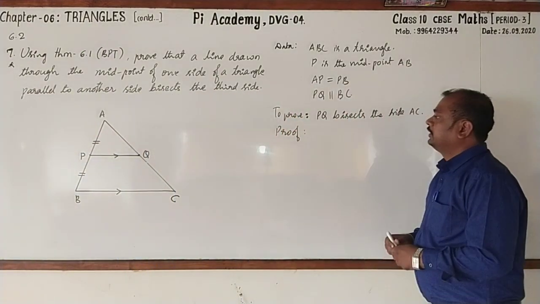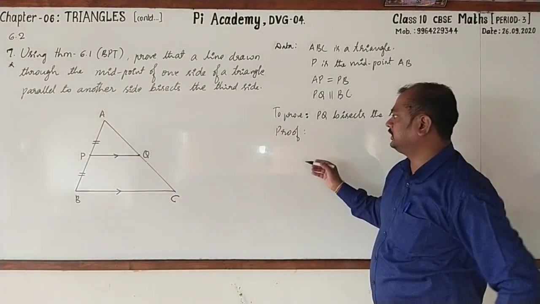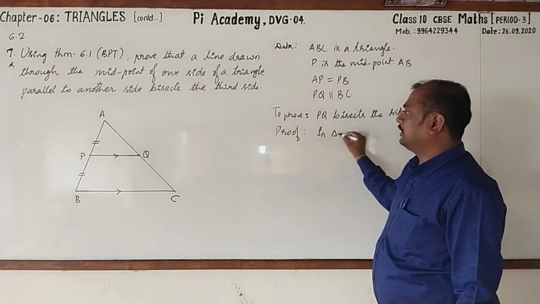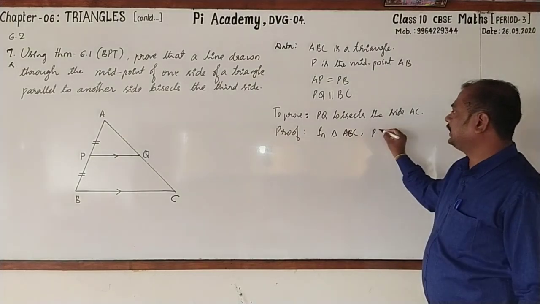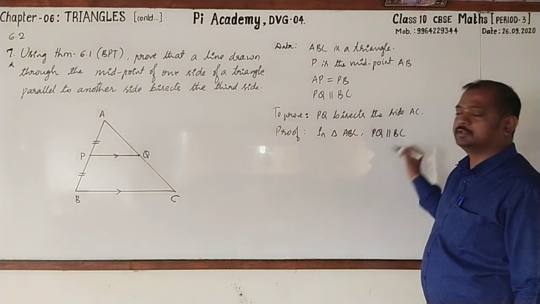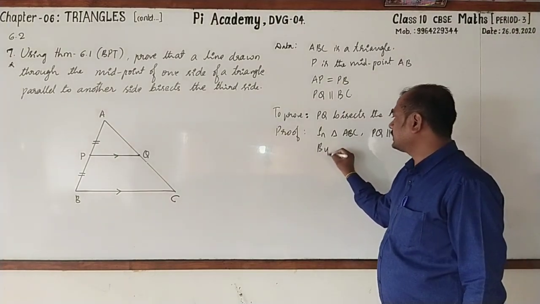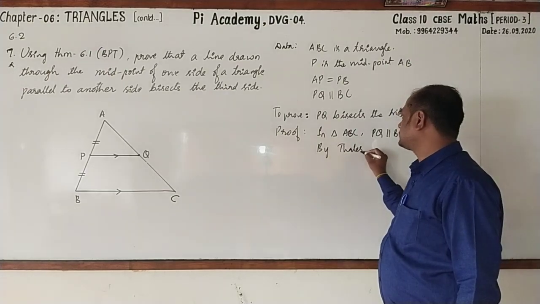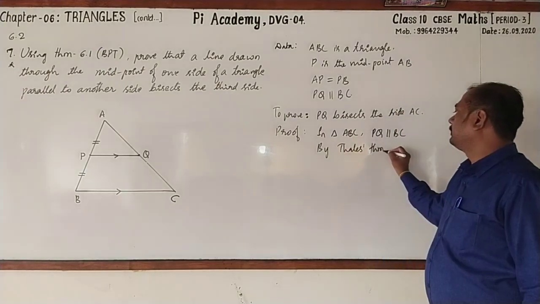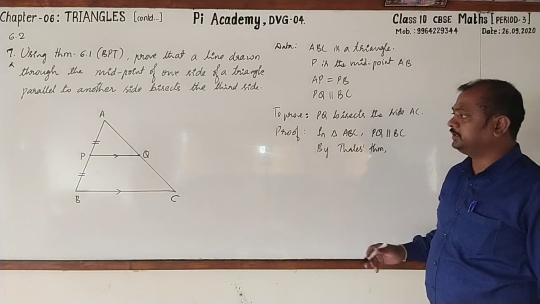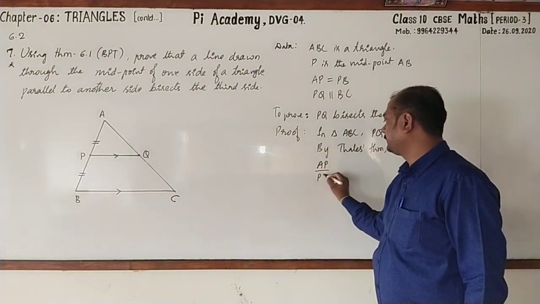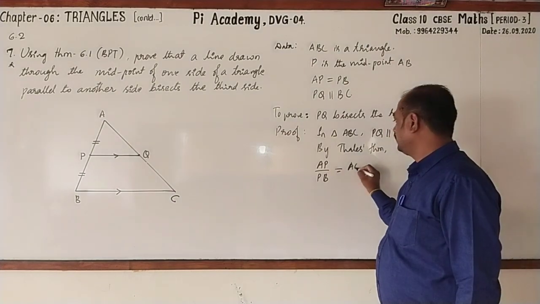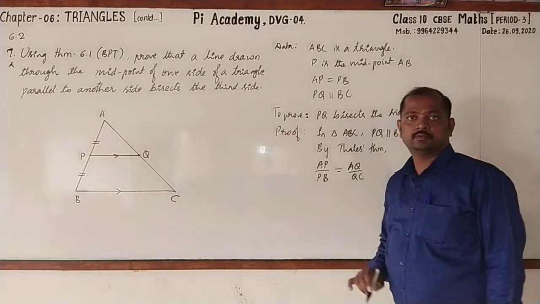Followed? Yes. Start writing. In triangle ABC, they have given PQ parallel to BC. Therefore, let us use Thales theorem. By Thales theorem, nothing but BPT, we can write AP by PB is equal to AQ by QC.